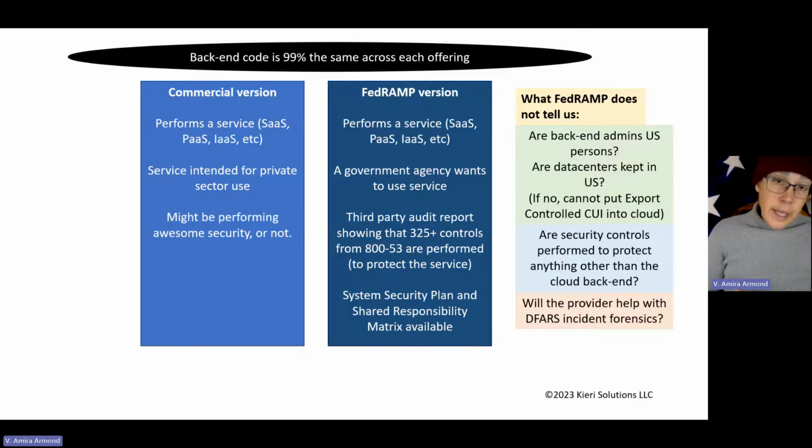So you can absolutely have a FedRAMP moderate cloud that is based out of India, Pakistan, Turkey, somewhere else, right? That's not US. You can have a FedRAMP moderate cloud, which is staffed by, administrated by non-US persons. And that's okay for CUI, mostly, right?